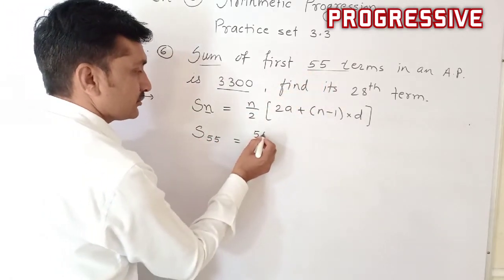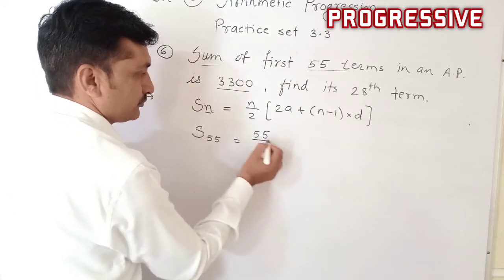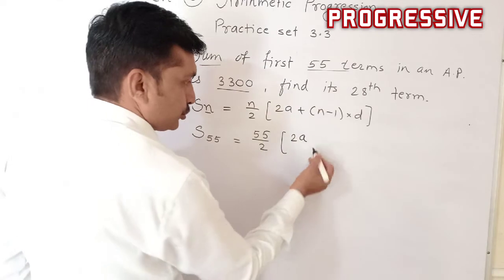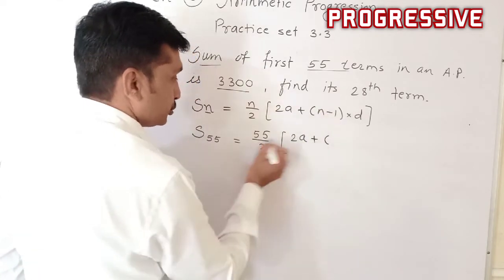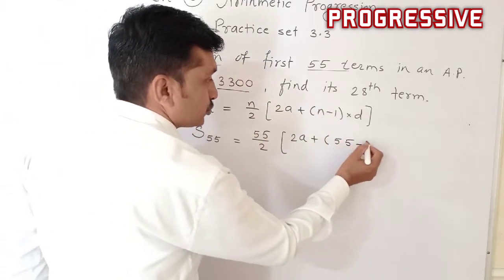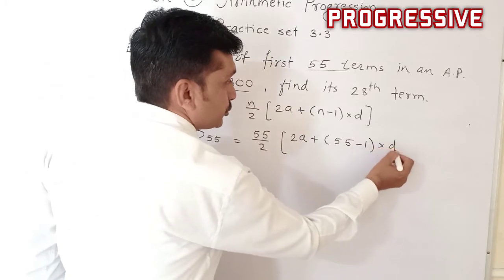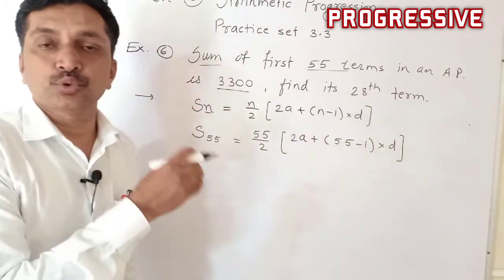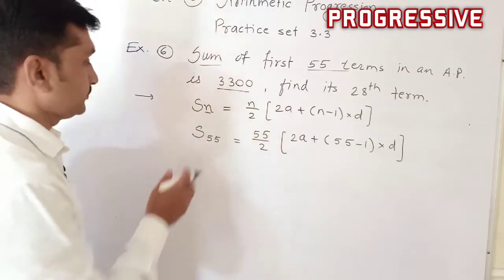S55 is equal to 55 upon 2, in bracket 2a, whose value we don't know, plus 55 minus 1 multiplied by d, which we also don't know. Write a and d as they are, and put only the value of n, 55.